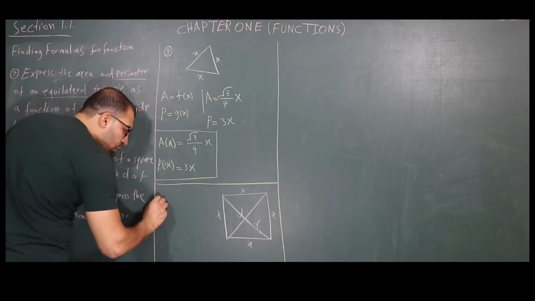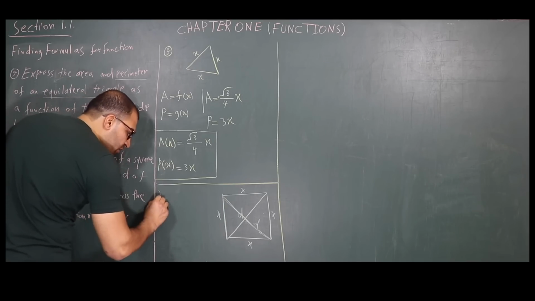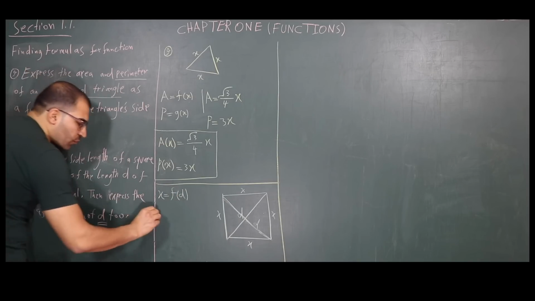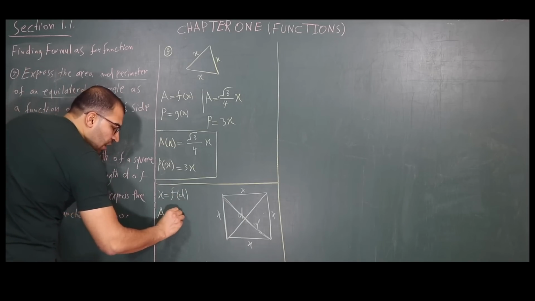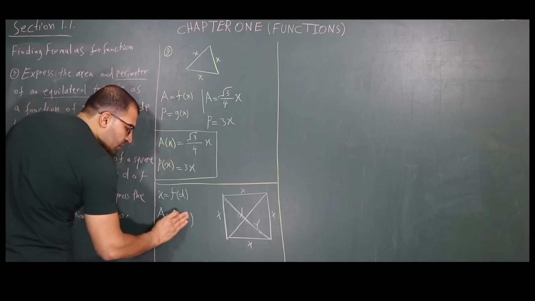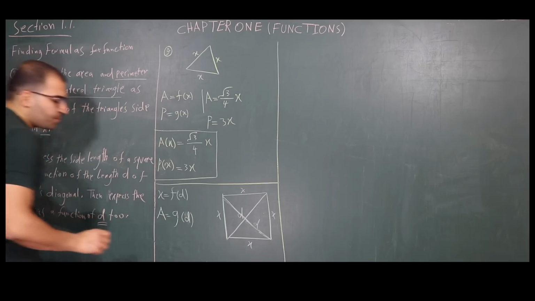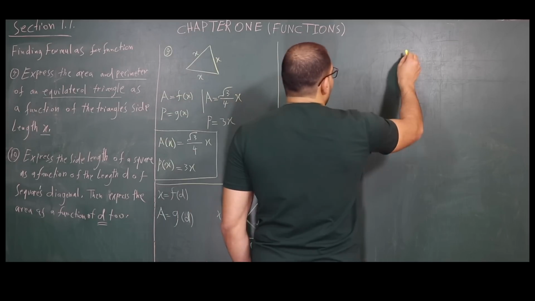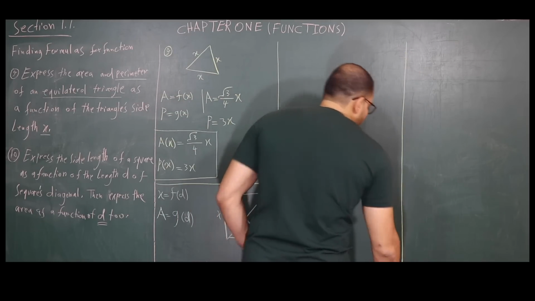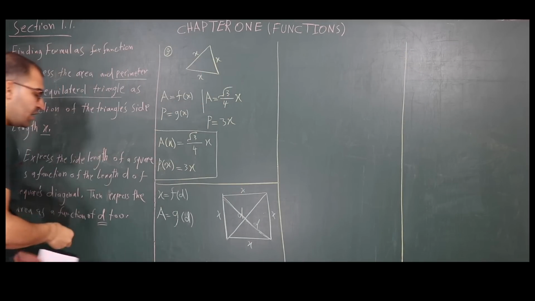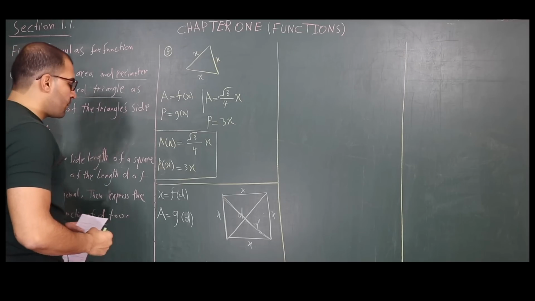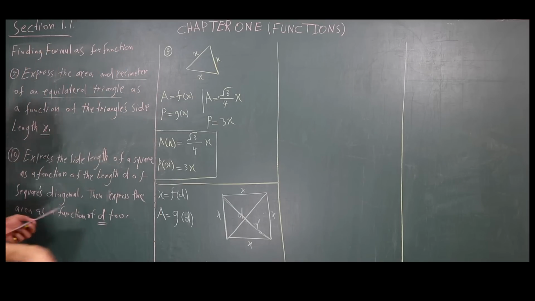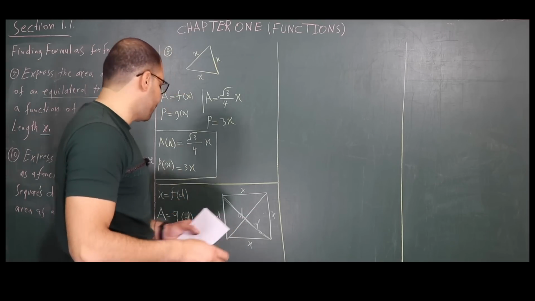So he wants me to write the length of the side, which is x, as a function of d, and he wants me to write the area also as a function of d. It's not a variable, but just an expression.